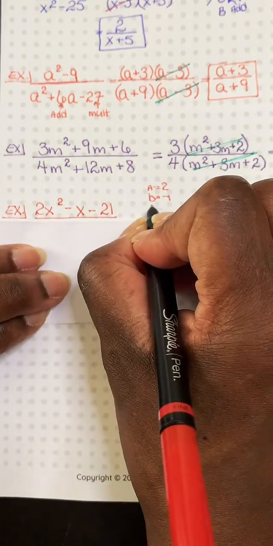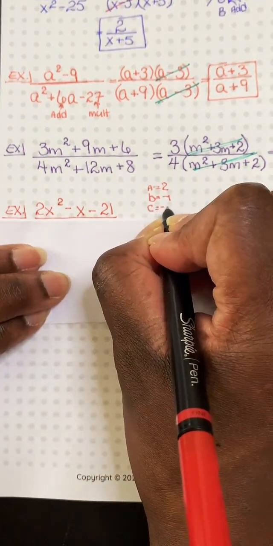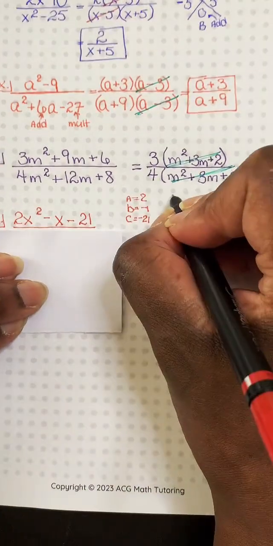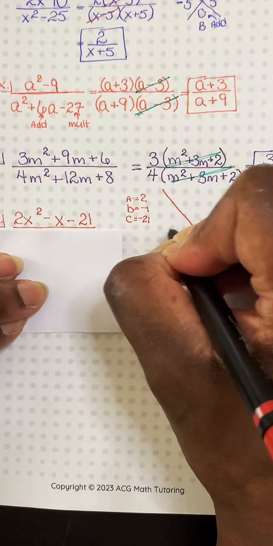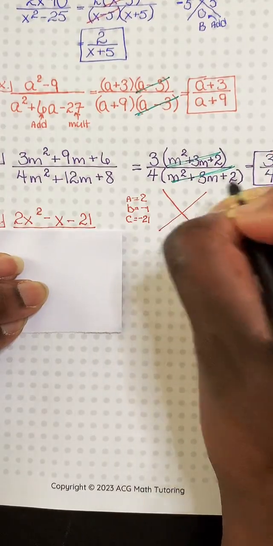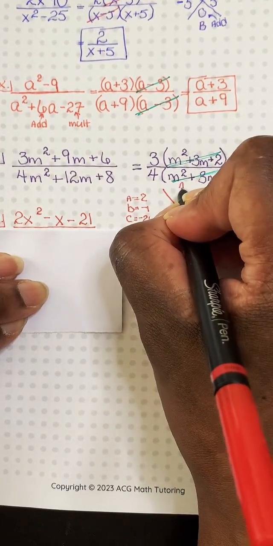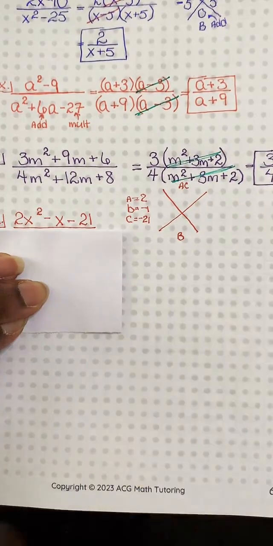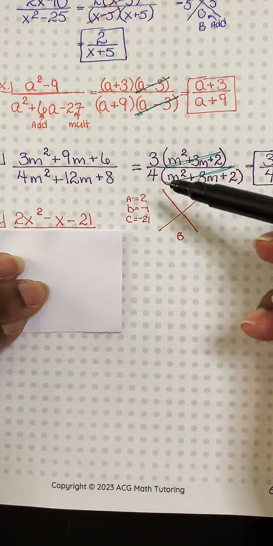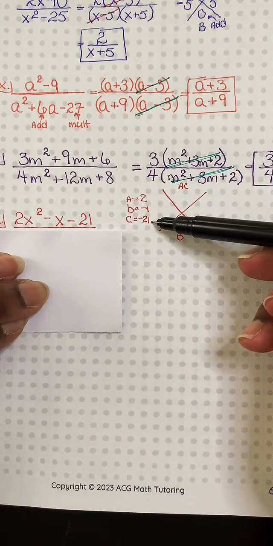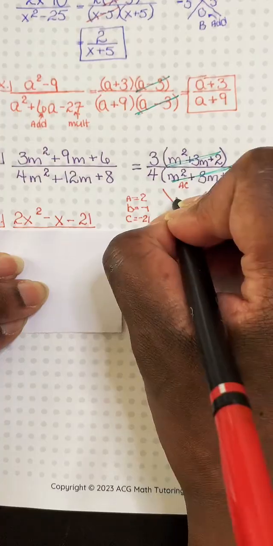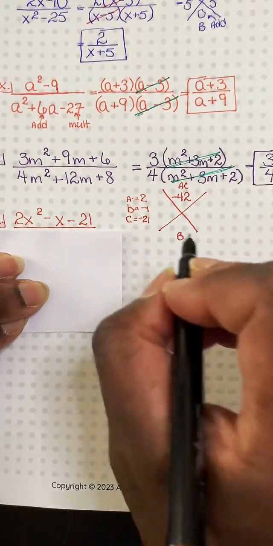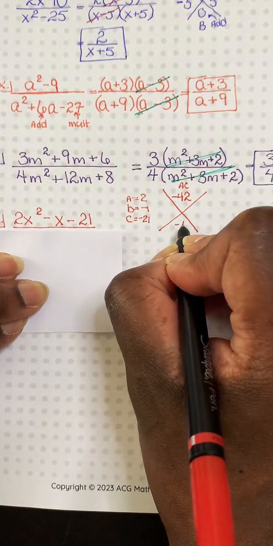Then our C is -21. So if we multiply our A and our C together, we're going to put it up here, and we're going to rewrite our B down there. We multiply my A and my C, we get -42. And our B is a -1.